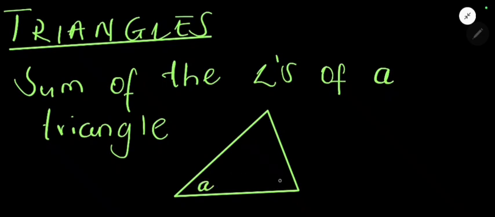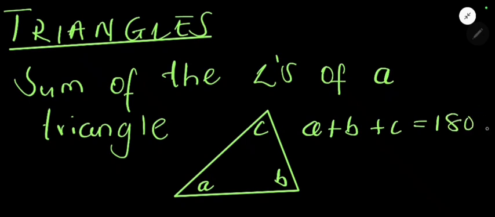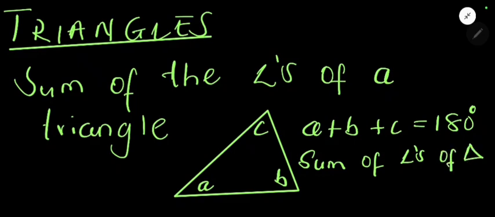Then you have A, B, and C. Okay, so you can conclude that angle A plus angle B plus angle C, all of them are equal to 180 degrees. And then what will be your reason here? Your reason is simply going to be sum of angles of triangle, like that.